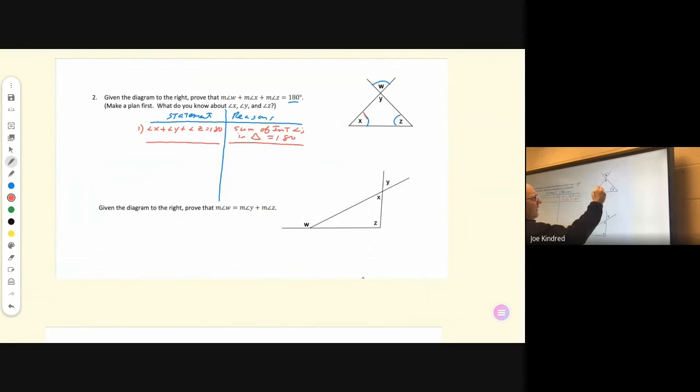I know that X plus Y plus Z equals 180. Statement number 2. I know that angle W and angle Y are equal. Angle W is equal to angle Y, and the reason, because vertical angles are equal.